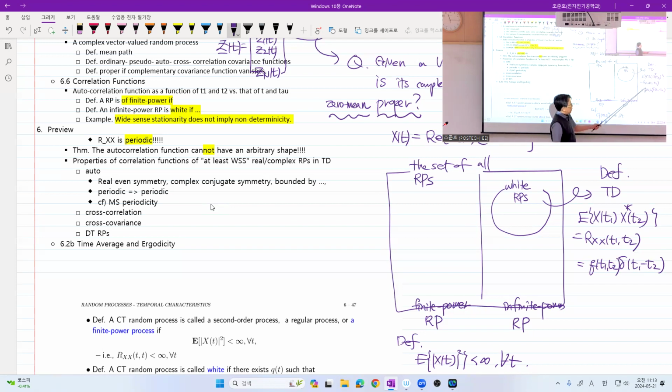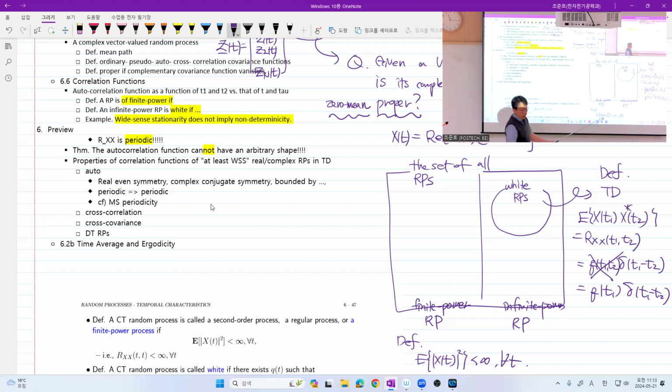So here, anyway, when you integrate, the t1 equals t2 case survives, so you can just say that, okay, I'd better use a single variable function, q of t1, or if you want q of t2, it doesn't matter because you have multiplication with the delta of t1 minus t2. Anyway, so this is the definition of a white random process which has infinite power.